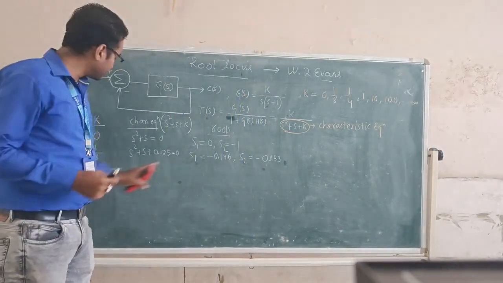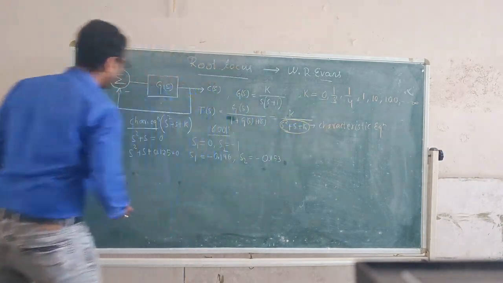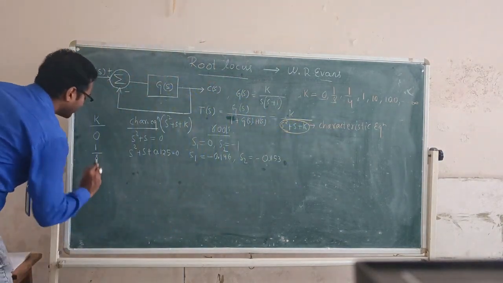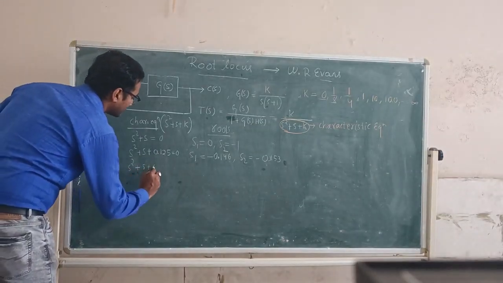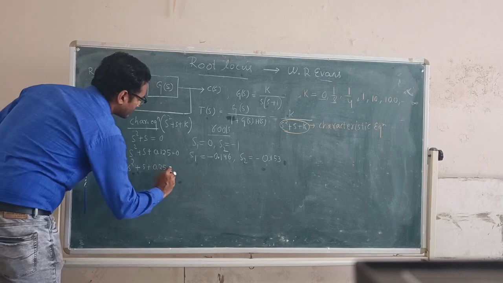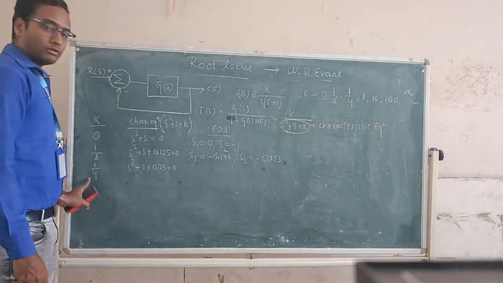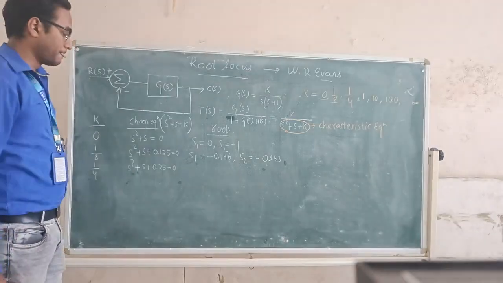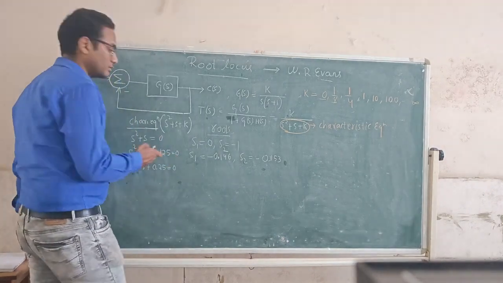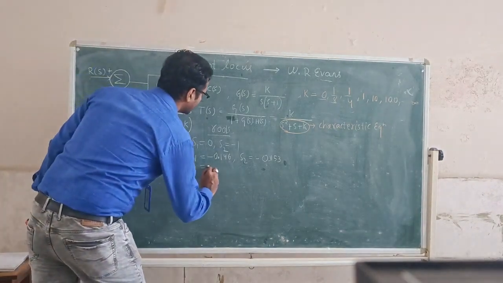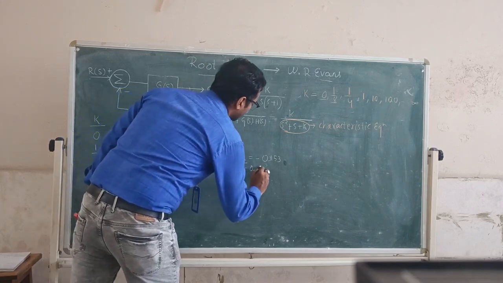These are the roots for this value of k. Let us increase the value to 1/4, which is 0.25. The equation is s square plus s plus 0.25 equals 0. So s1 is equal to minus 0.5 and s2 is equal to minus 0.5.